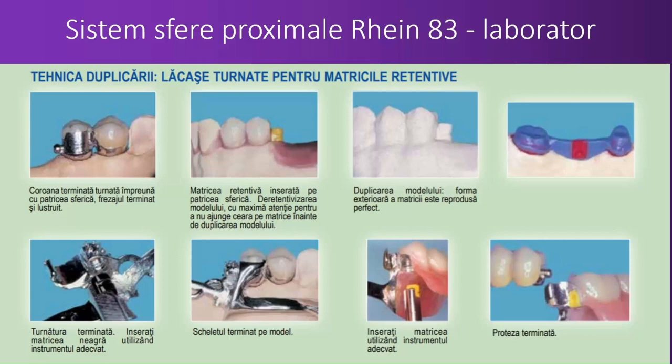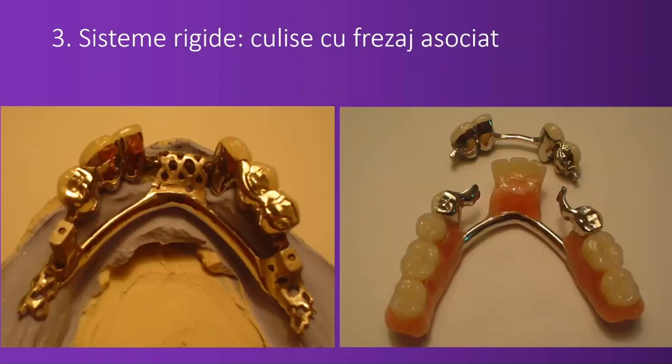But that's overdenture. Now the third type is the rigid attachments or systems. Rigid, not because they are different, they're still vertical systems, coulisses, the same ones, but they have a milling associated to them. I've been doing that, maybe more than 100 of these. I gave this up because it was too rigid.